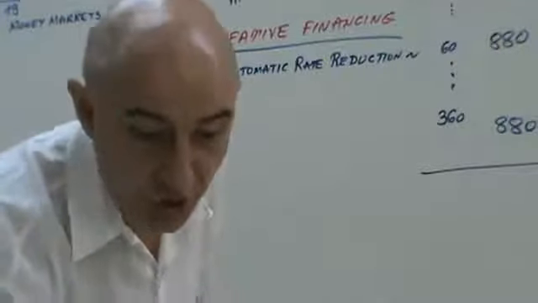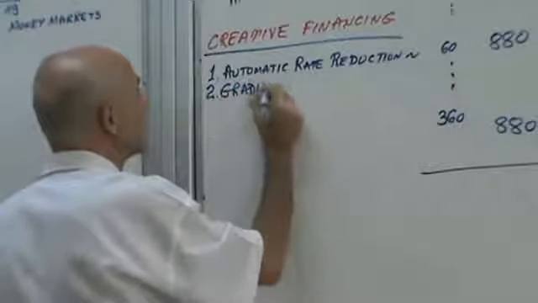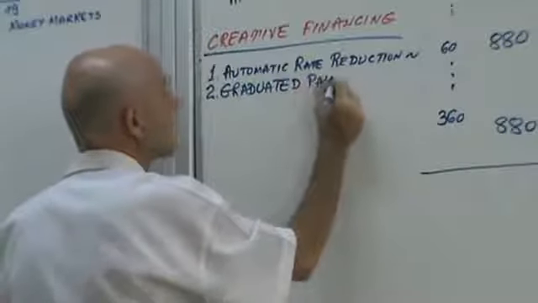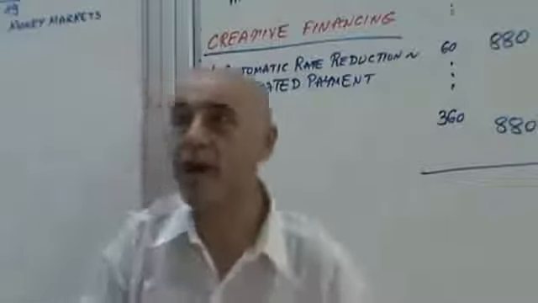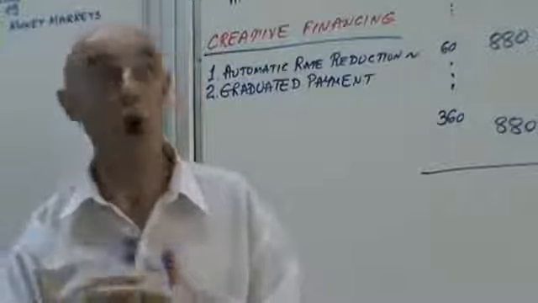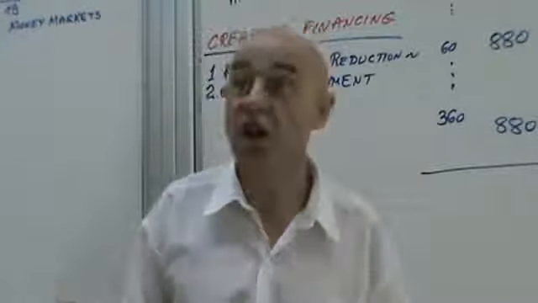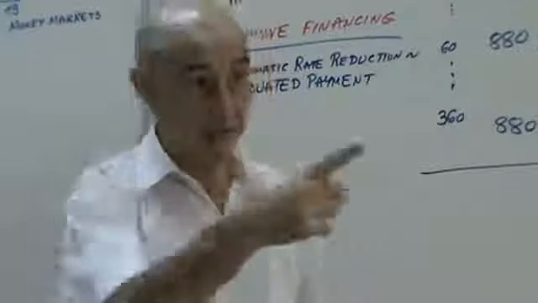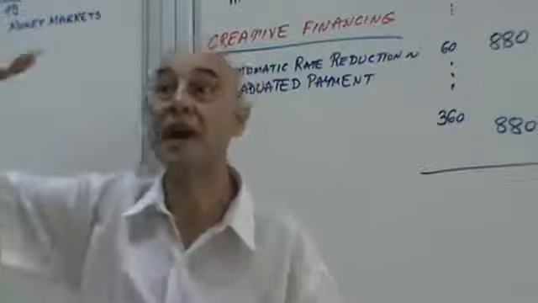Number 2, graduated payments mortgage. Is a mortgage where payments will slowly but steadily increase over time. Why? Maybe you're 25 years old, you're coming out of college, you got your first job, you're doing well, you're very smart, you expect your salary to go up and up and up.